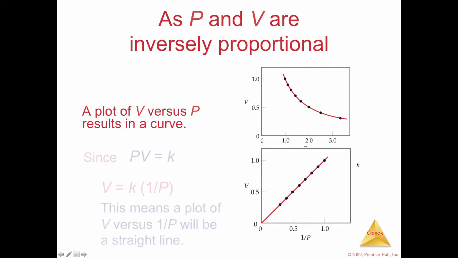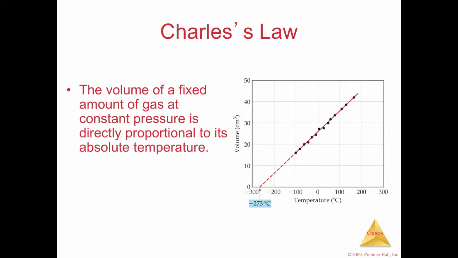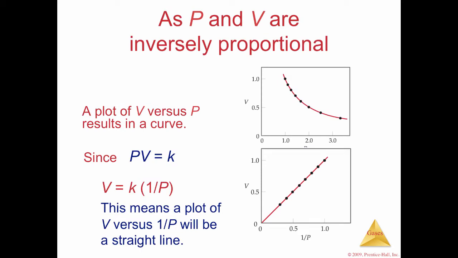If we were to say that pressure times volume is a constant, this would mean that a plot of the volume versus 1 over the pressure, or the inverse pressure, will be a straight line. Also, before I move on to Charles' law, keep in mind that Boyle's law, the relationship is P1 times V1 equals P2 times V2.